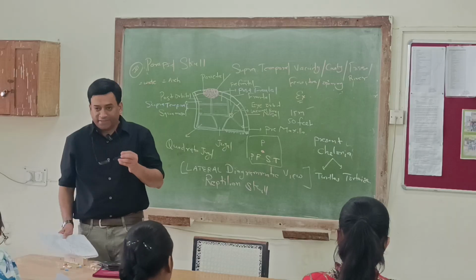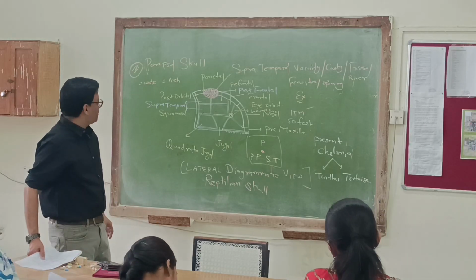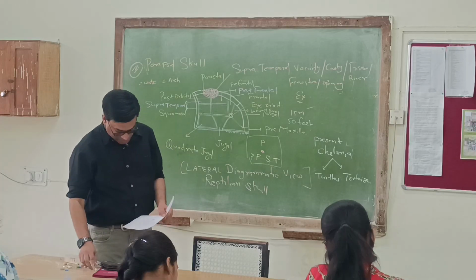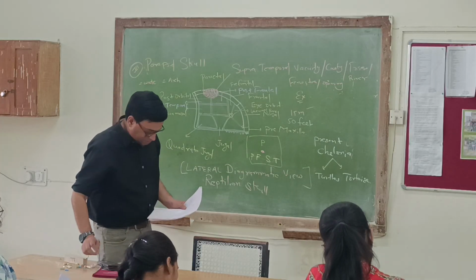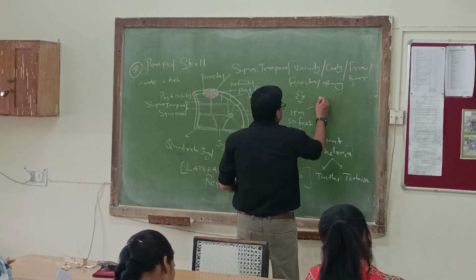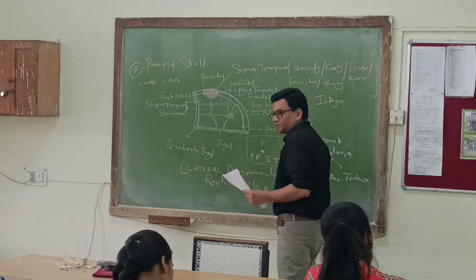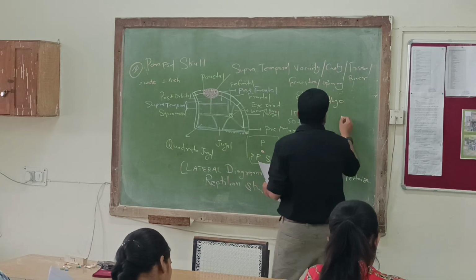Got my point? That will be your parapsid skull. And the example is Ichthyosaurus, again a huge giant extinct organism. Ichthyosaurus, ichthyo means fish and saur means lizard.